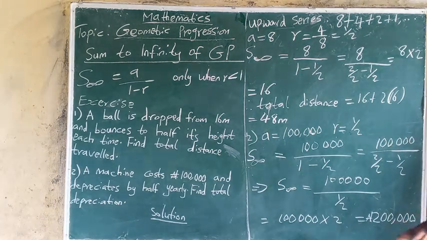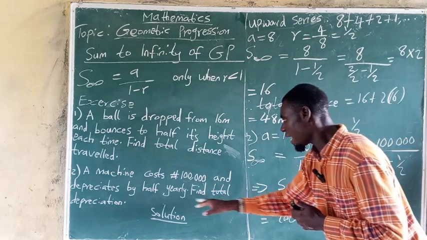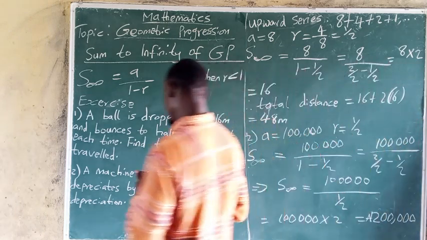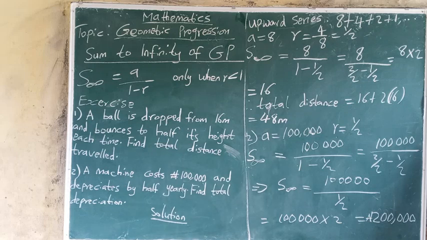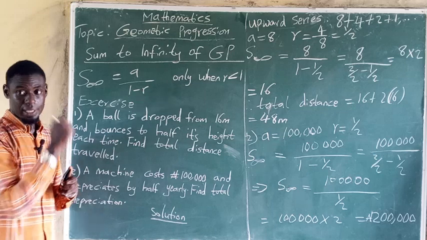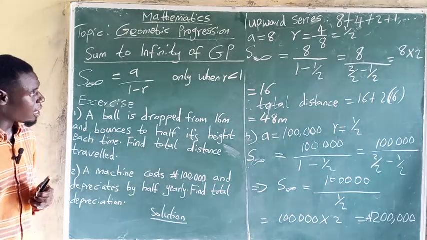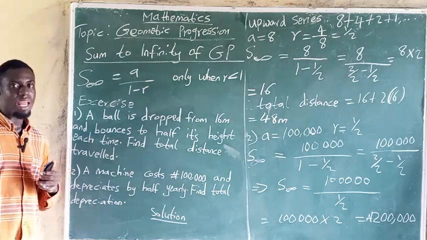So we're able to get the total depreciation as 200,000 from this question. If a machine costs 100,000 naira and depreciates by half yearly, the total depreciation will be 200,000 naira. So at this point, this is our final answer for these problems.